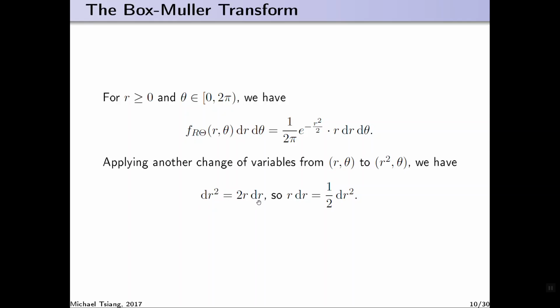That's going to be 2r dr. Thus, this value r dr is going to be equal to 1/2 d r squared. So if we do another change of variables from r to r squared, we're going to get this. So we're going to replace the r dr with a 1/2 d r squared. Is that okay?